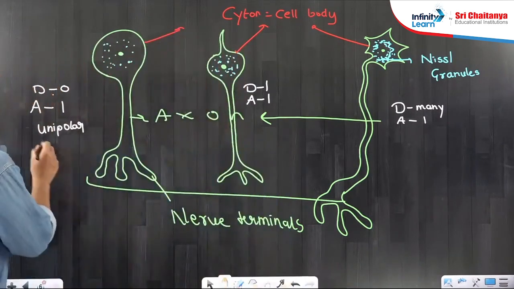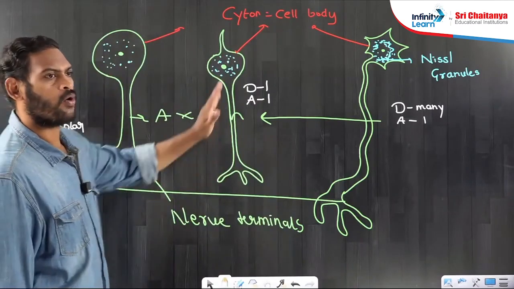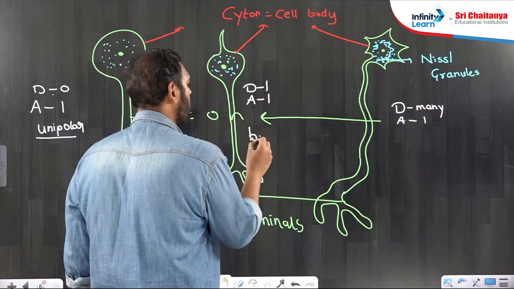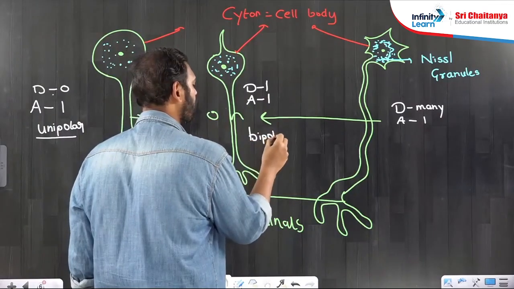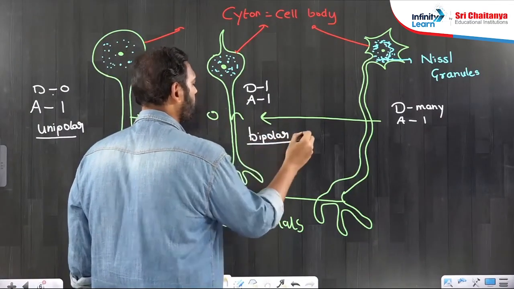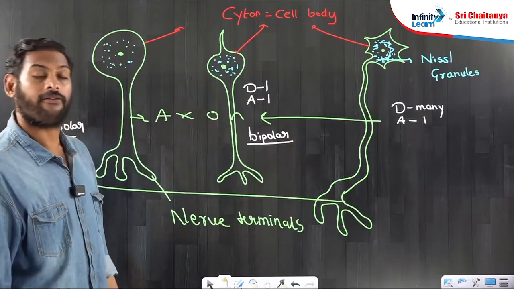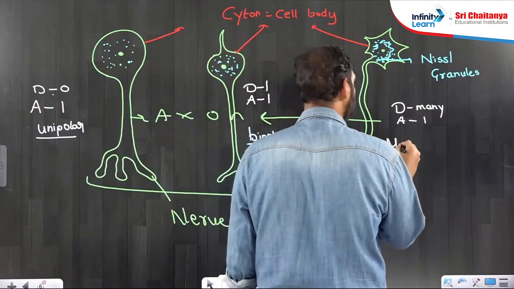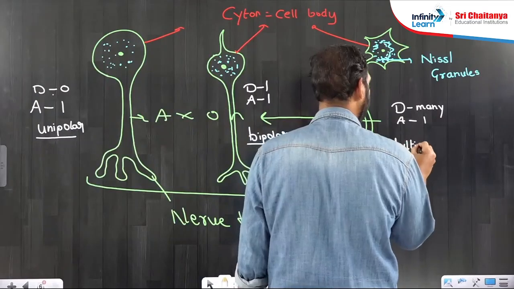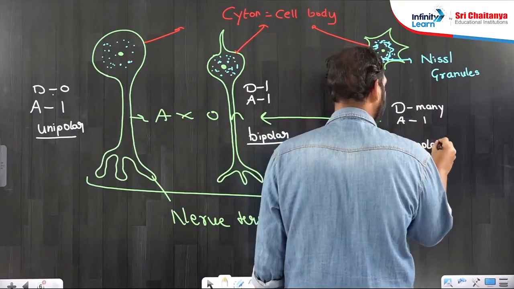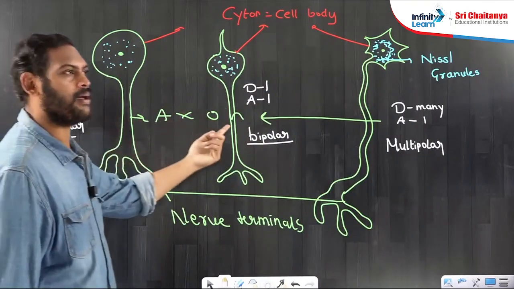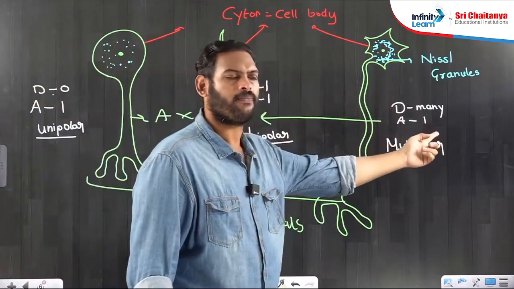Whereas if a neuron has one dendrite, one axon, that was bipolar neurons, found inside retina, usually. If they have many dendrites and a single axon, this was multipolar neuron. Okay, so unipolar, bipolar, multipolar neurons.